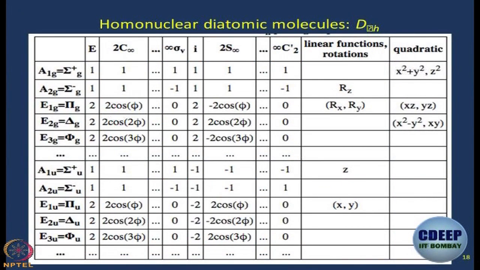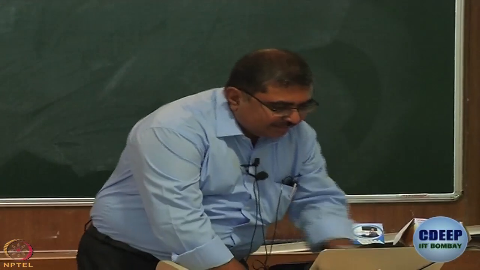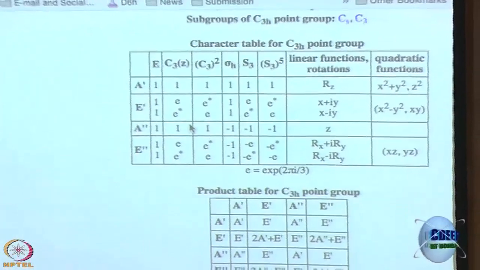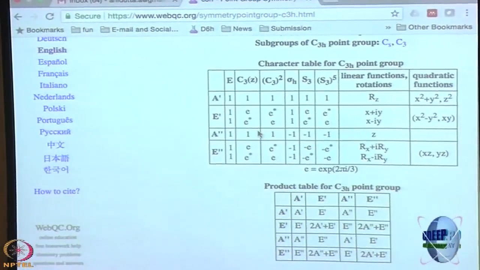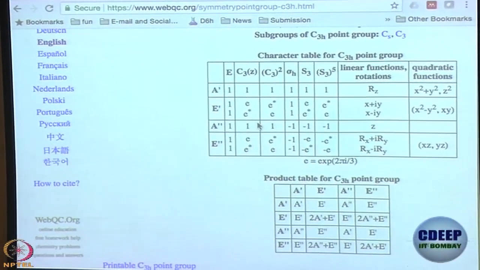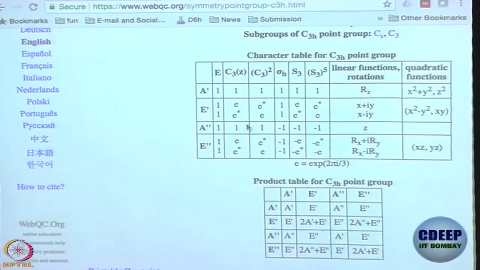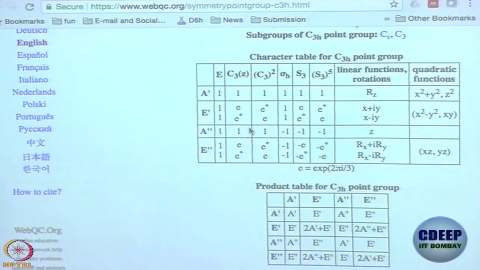So, what I request is please have a look at D6h for example. D6h is the symmetry point group of which one? Benzene, right. See, this here is the character table for C3h. First thing to note is you have A dash, E dash, A double dash, E double dash. What do these dash and double dash denote? Symmetric and antisymmetric with respect to the horizontal plane sigma h.